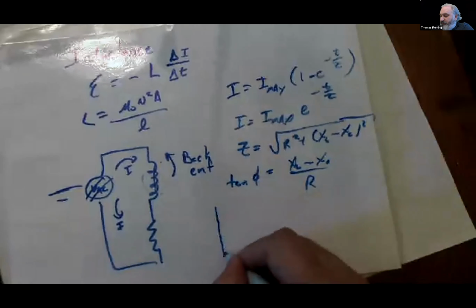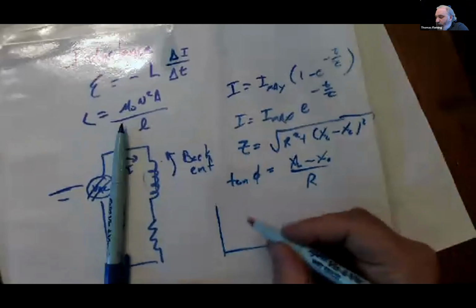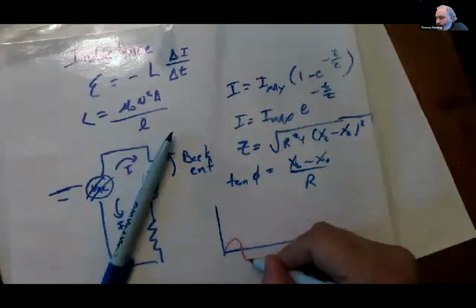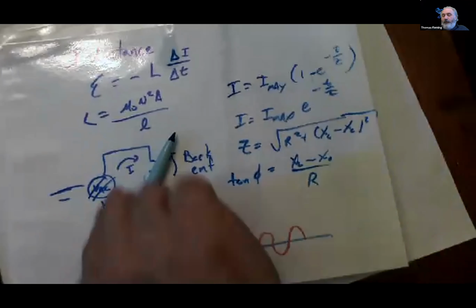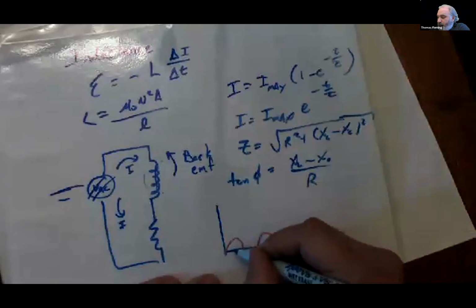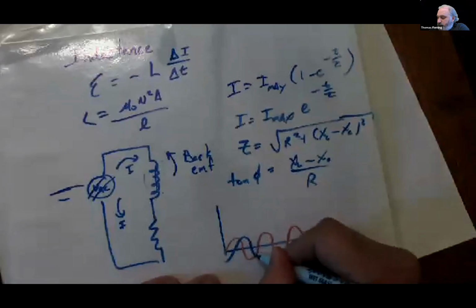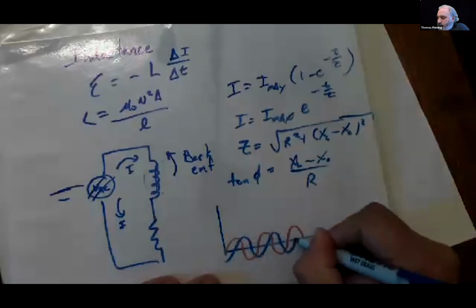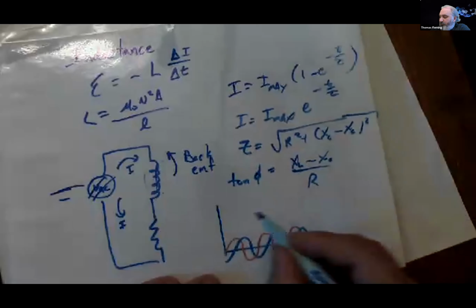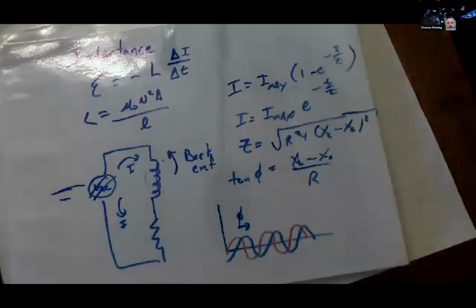So it could be that if your red line is your current, the voltage of your power supply might be a similar thing, but it's shifted forwards or backwards by phi, right?